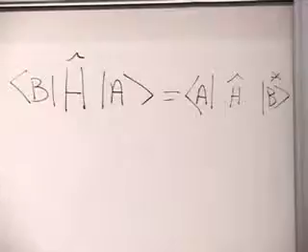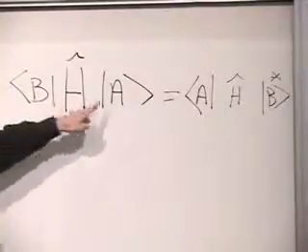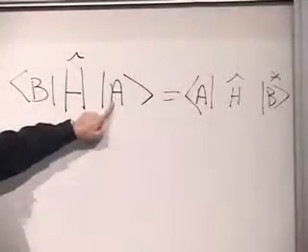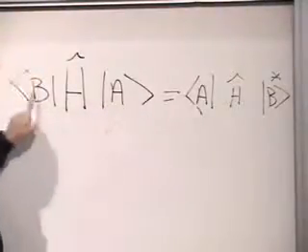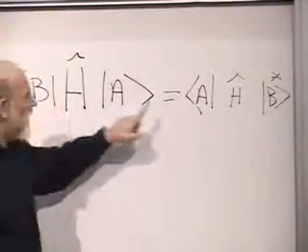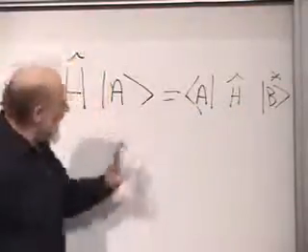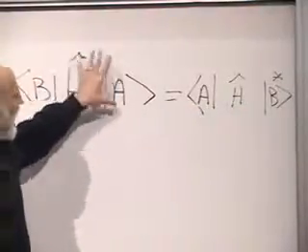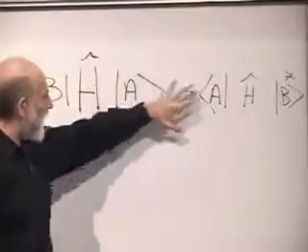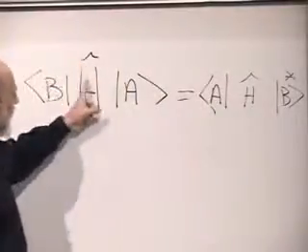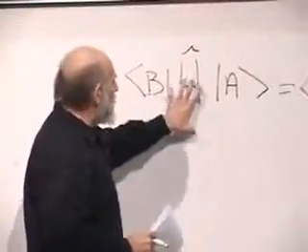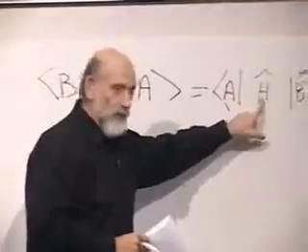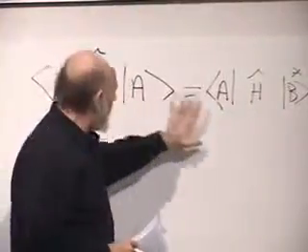If you think about it for a moment, if complex conjugating the ket vector A gives the bra vector A, and complex conjugating B gives you the bra vector B, then in order to get the complex conjugate of the left-hand side on the right-hand side, you should also have to complex conjugate H somehow. But the Hermitian operators are exactly the ones that you don't have to do anything to in order to get this to work out.